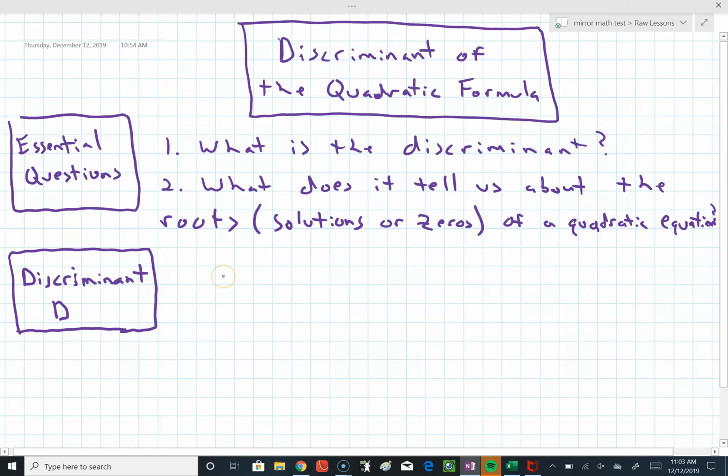Recall our standard form of a quadratic equation: ax squared plus bx plus c is equal to 0. The discriminant will be equal to b squared minus 4ac.